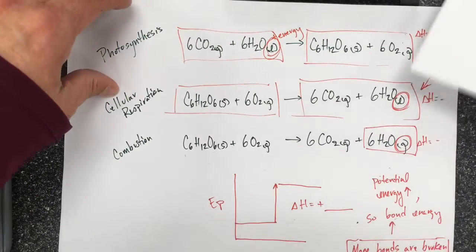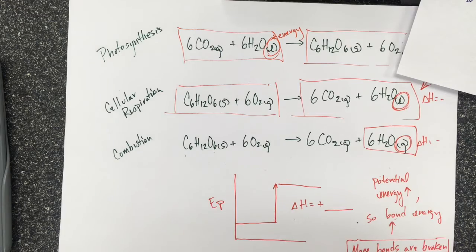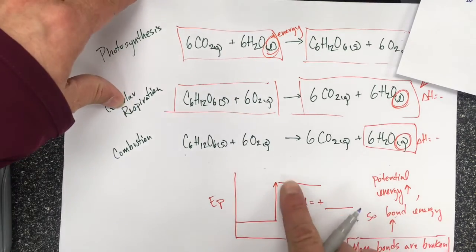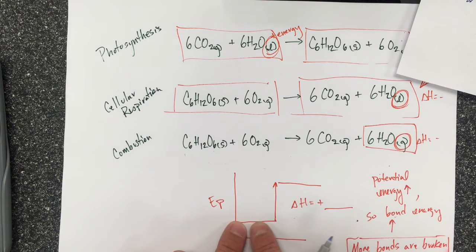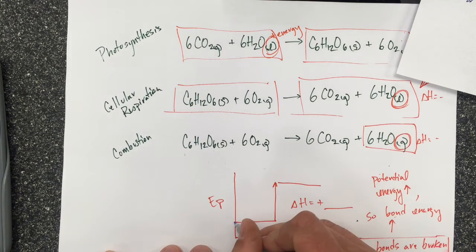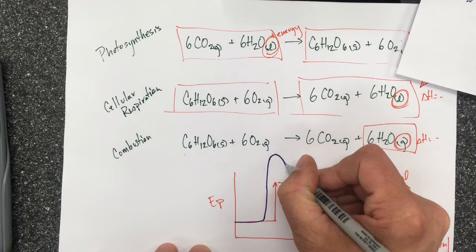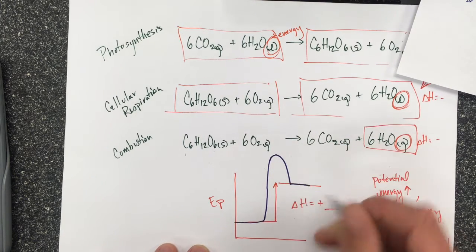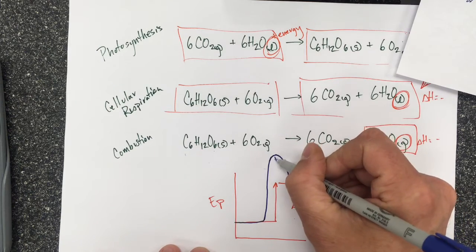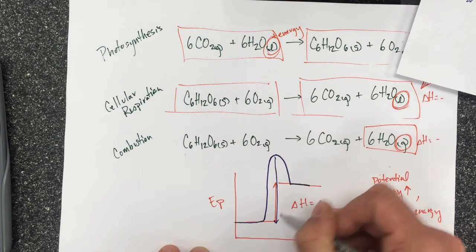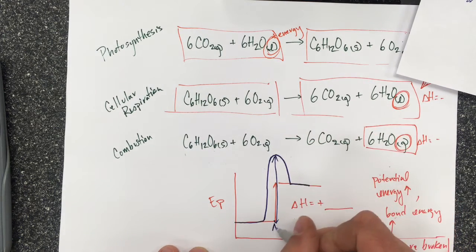Now, the next question said, draw an energy diagram for the catalyzed photosynthesis reaction. This was my photosynthesis reaction, but if we had activation energy, the activation energy barrier is going to be higher than the enthalpy, right? So the difference from here to here is the activation energy.